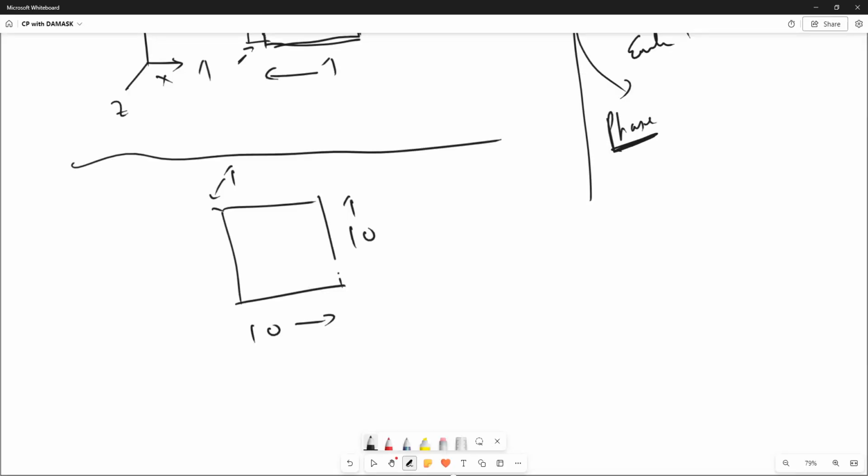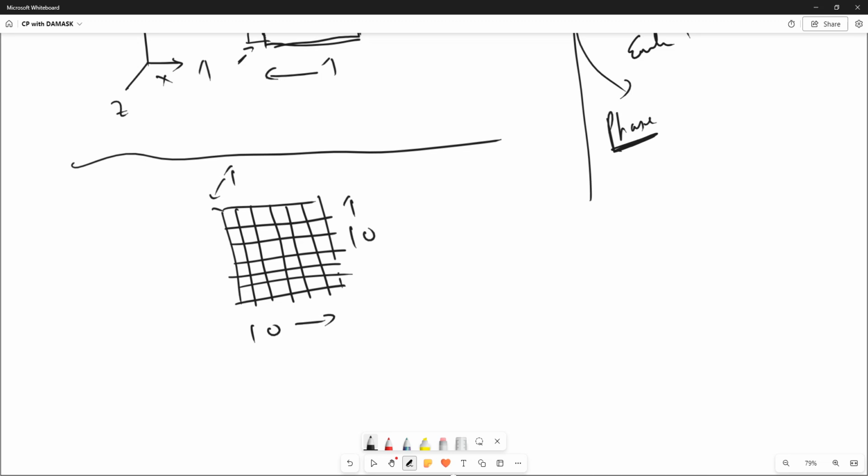So it is still 2D, right? So I have 10 pixels in this direction, 10 pixels in this direction, 1 pixel in the other direction, which means these are not 10 by 10, but it will look something like this, right?